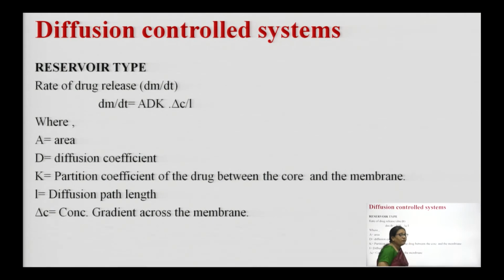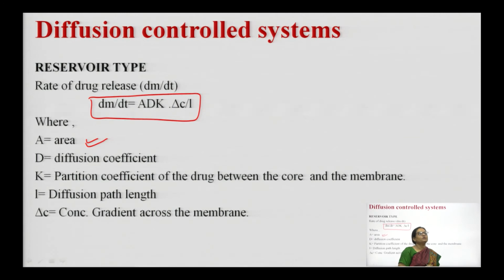The rate of drug release in such systems is mathematically represented by the equation dM/dt is equal to A D K ΔC / L, where A represents the surface area available for diffusion.